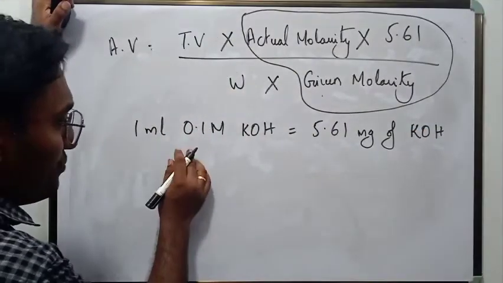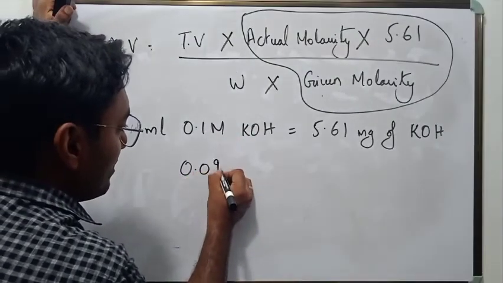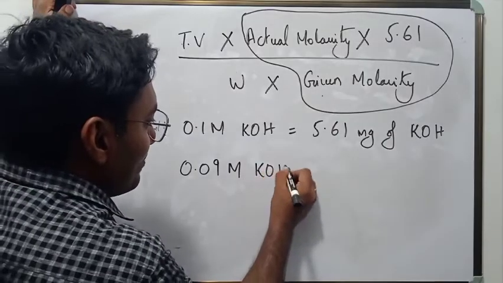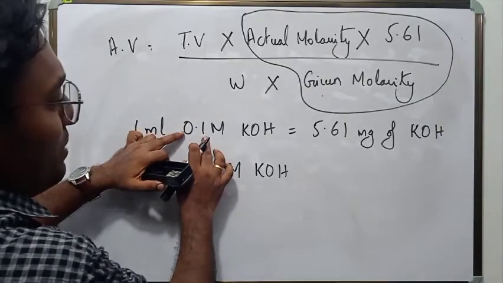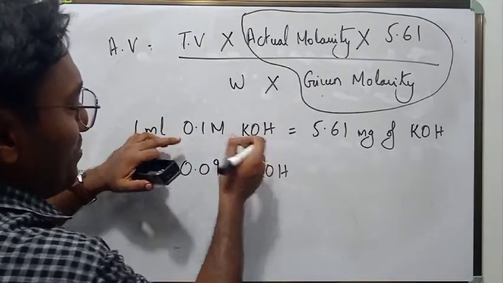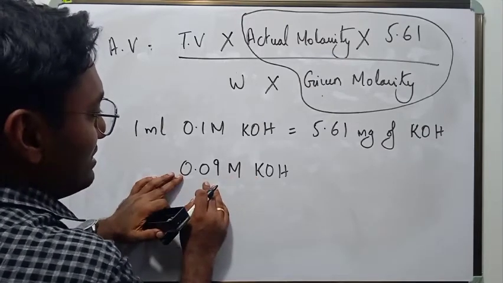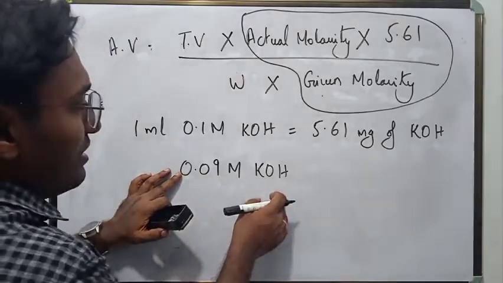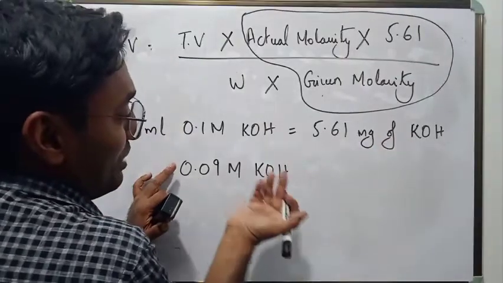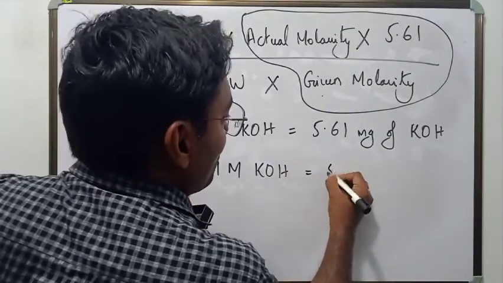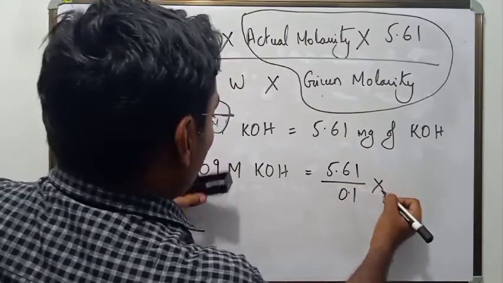So if you want to calculate for, suppose, 0.09 molar KOH, where you intended to prepare 0.1 molar KOH in the lab, but because of human errors what you got after standardization is 0.09 molar, then how many milligrams of KOH will this be equivalent to? This can be found out by 5.61 divided by 0.1 into 0.09.